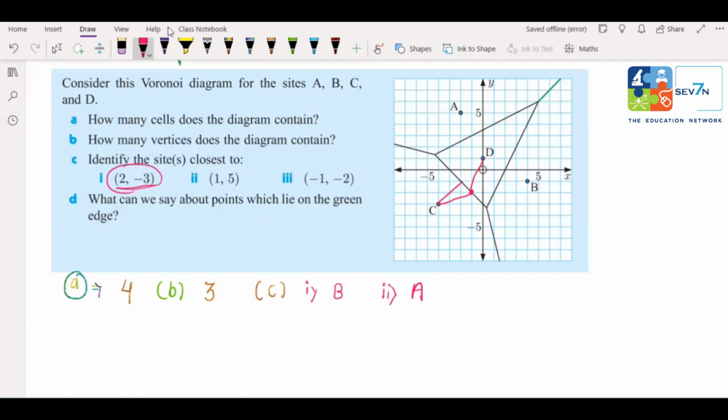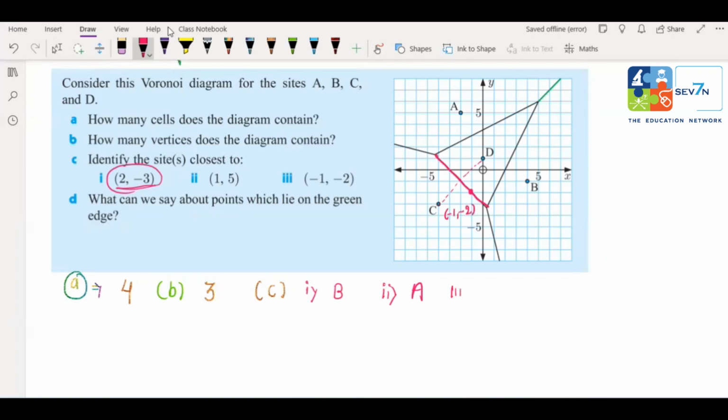Because this point lies on the edge which is perpendicular to the line CD. Again I repeat, there is a line CD and this is your perpendicular on CD. That is why this line is known as an edge.